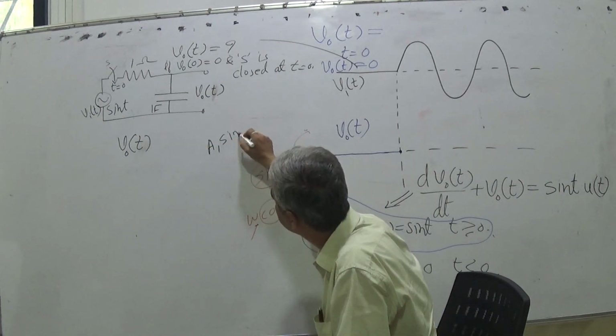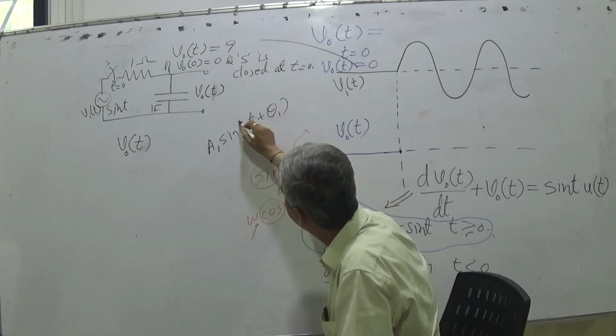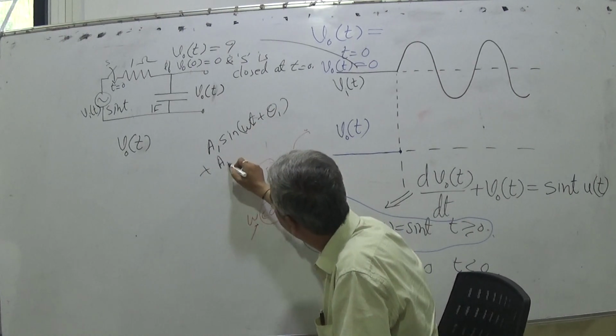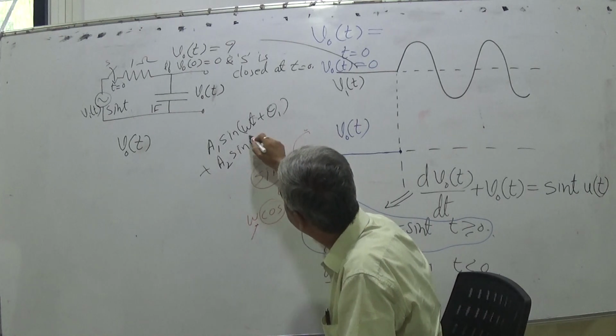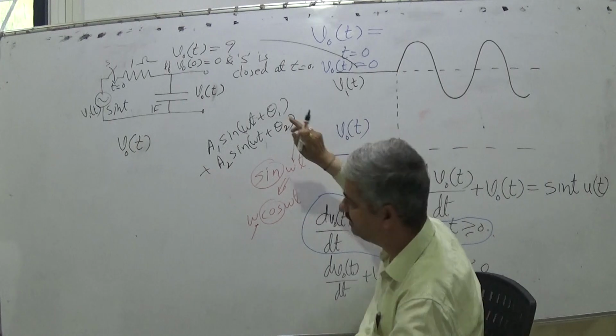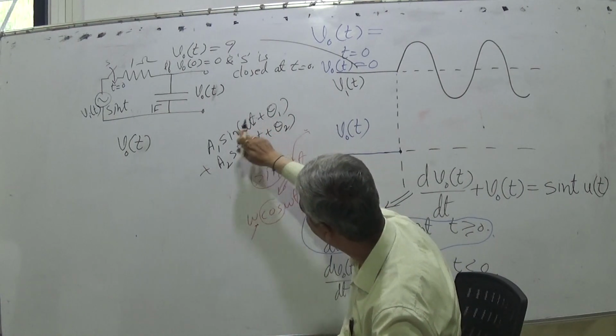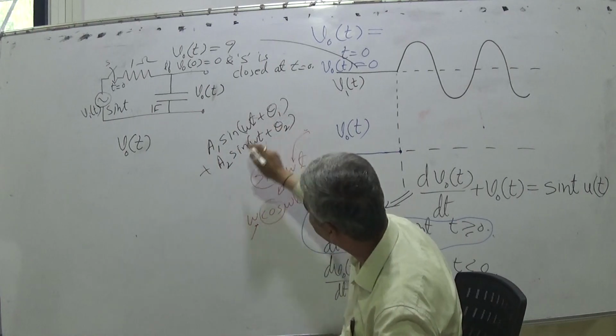A1 sin(ωt + θ1) plus A2 sin(ωt + θ2) means both are sinusoidal signals of the same frequency, with different amplitude and different phase.